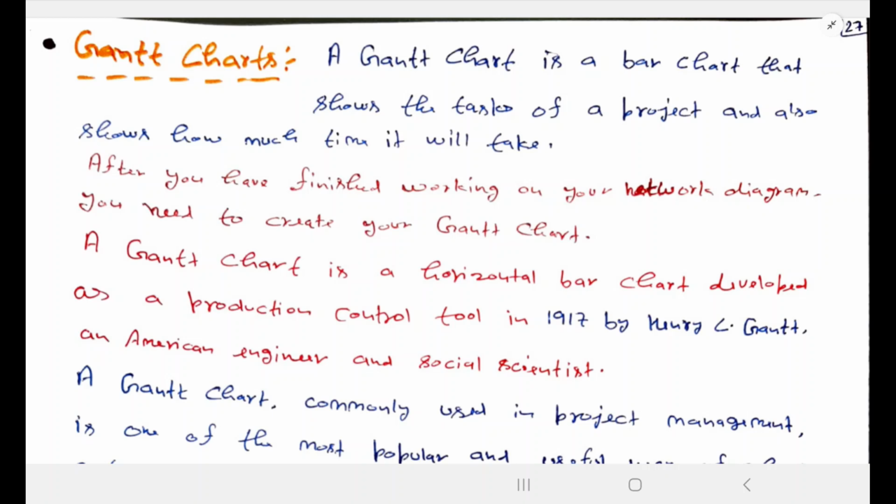After you have finished working on your network diagrams, you need to create your Gantt chart. For every task, we will create the Gantt chart. It's a horizontal chart, and it was developed by Henry L. Gantt in 1917, who was an American engineer and social scientist.